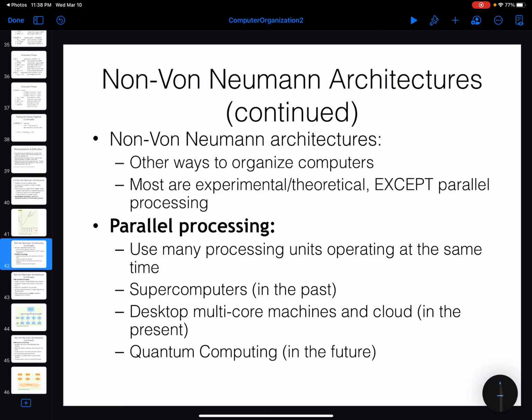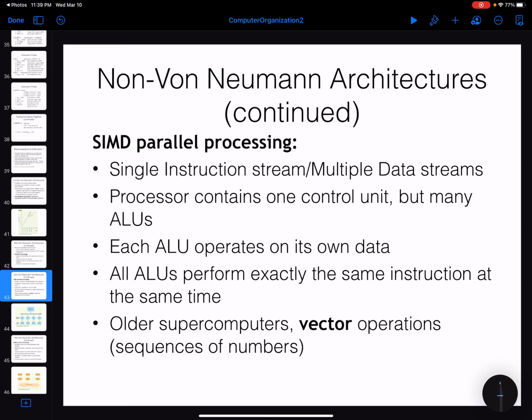There are many different cloud computing systems, like Amazon, Microsoft, and Google, all of them have their own cloud computing systems. And maybe in the future quantum computing would replace the von Neumann architecture.